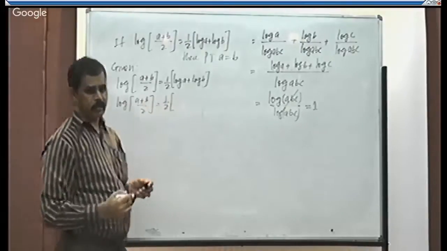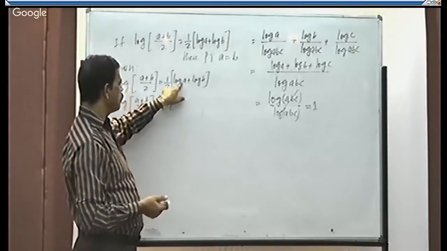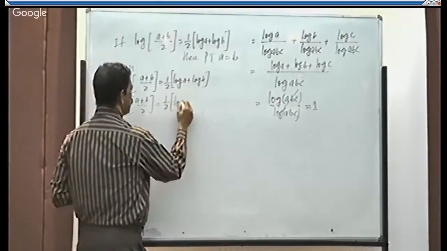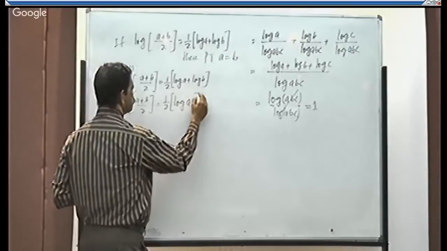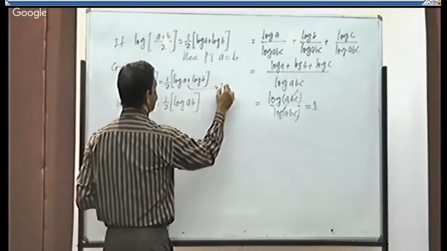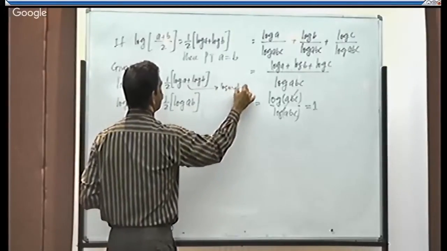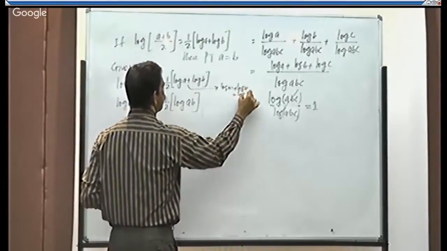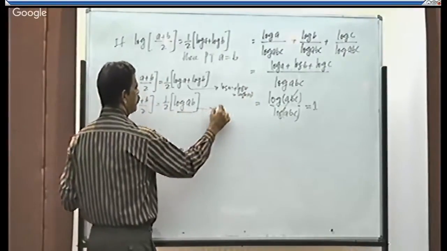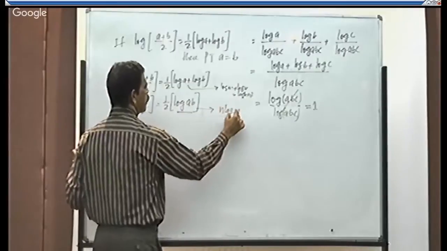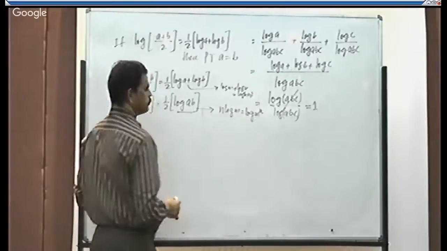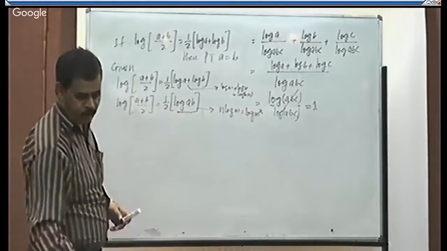Log A plus log B is log AB, since log M plus log N is equal to log MN. This is of the form N into log M, which becomes log M raised to N.